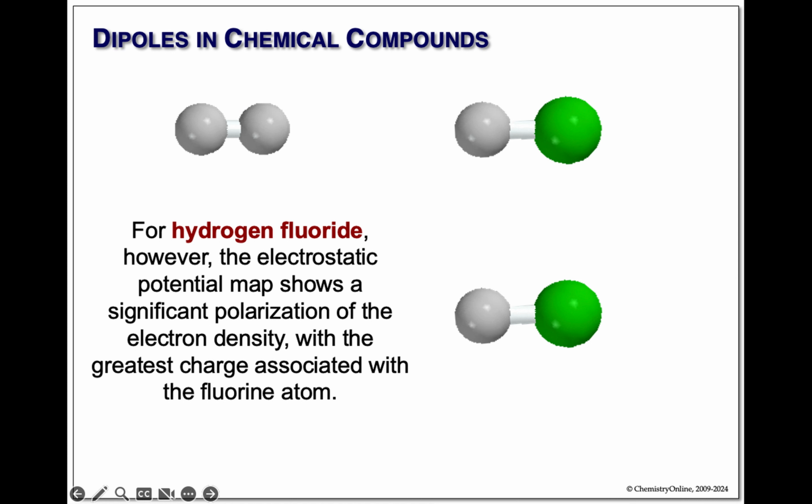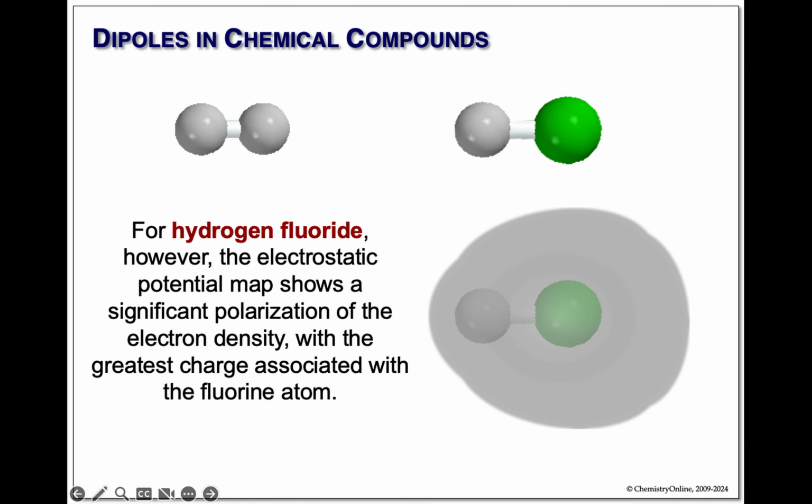We're going to look to see where the electron density is. Right away you can tell something is different because the electrons are mostly down here by the fluorine, leaving the hydrogen without any. If we color this, we see a beautiful little Easter egg.